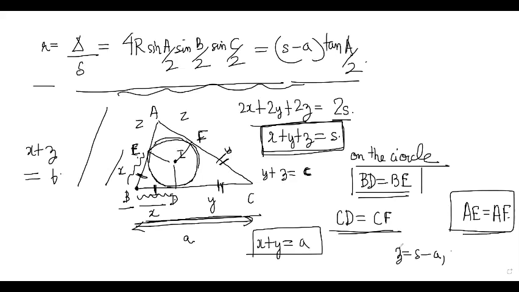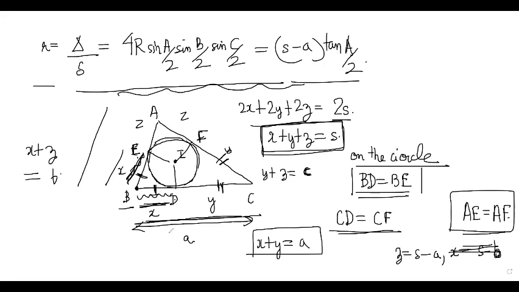You can also say that x is equal to s minus c. No, s minus b actually. Z plus x is b, so y is equal to s minus b. It doesn't matter.